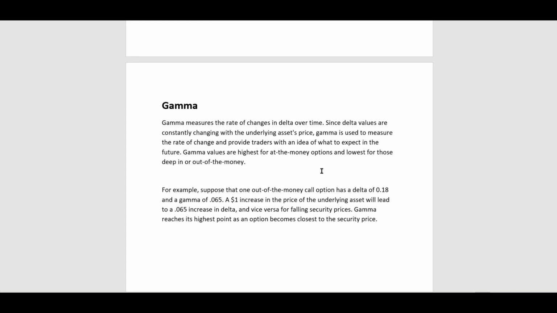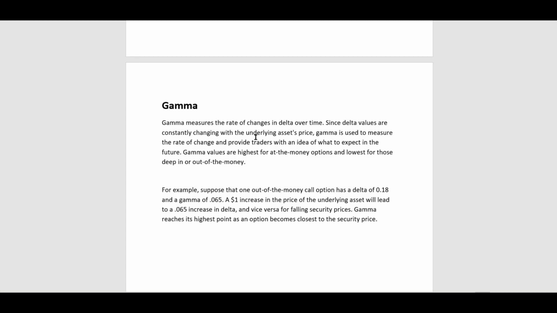So if you have a delta of 0.18, again carrying on from the last example, I tried to do that to make it a little easier, and a gamma of 0.065, a $1 increase in the price of the underlying asset will lead to a 0.065 increase in delta. If you multiply that times 100, that's about a $6.50 increase to the premium price when there's a $1 increase in the asset.